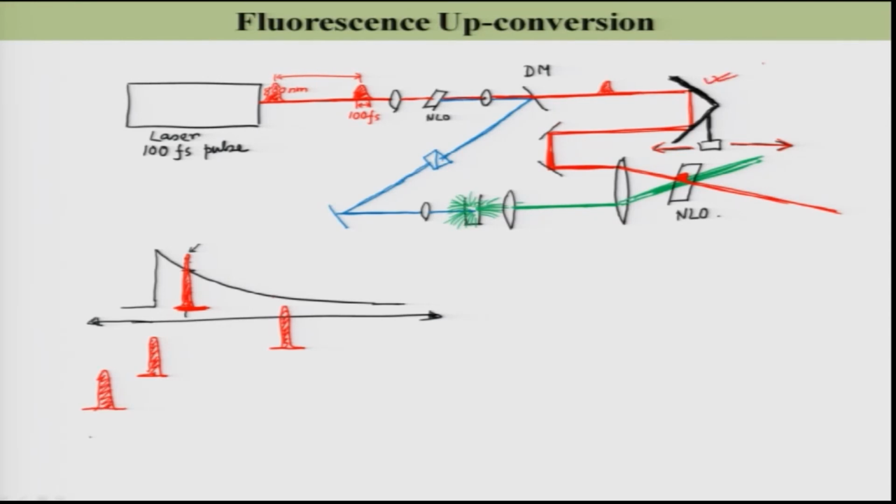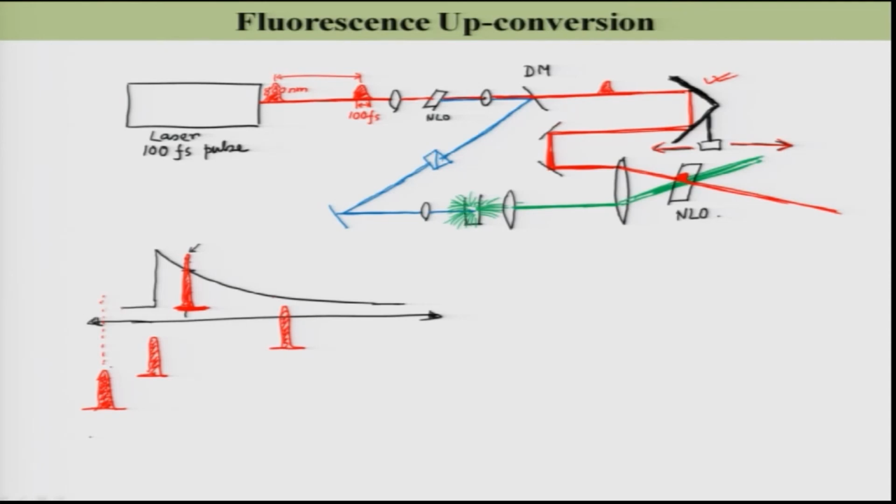Now, consider the case when the position of this femtosecond pulse, that 800 nanometer pulse, is at a position where there is no fluorescence intensity. What will happen in this case? In this case, the fluorescence intensity is 0, that means one of the components is 0.